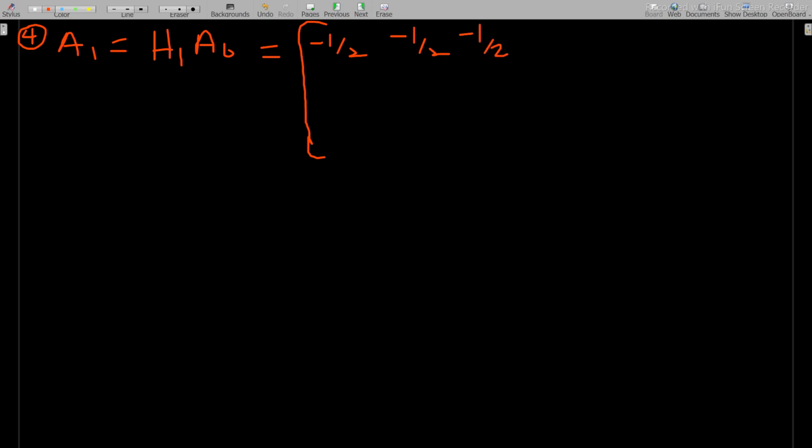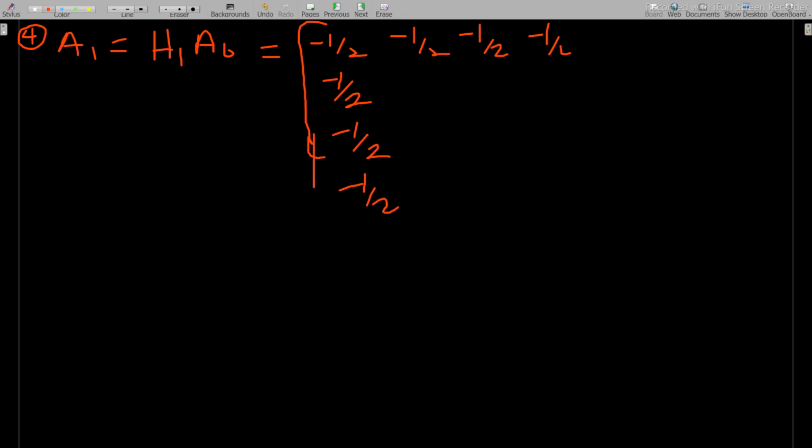So it means that A1 here should be equal to H1 A naught. We take those two matrices. Let me multiply them here. Negative half. Actually, this is very tedious work. Negative half, negative half again, negative half again, negative half. We actually got the first column to be negative half only.